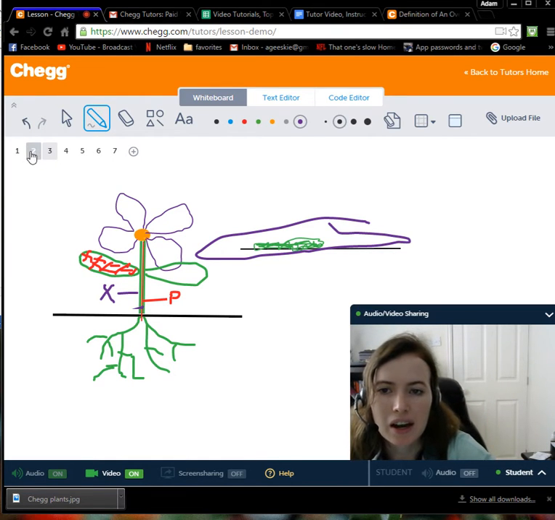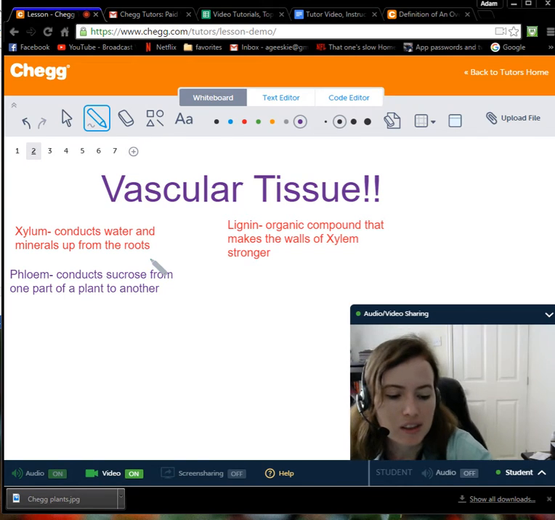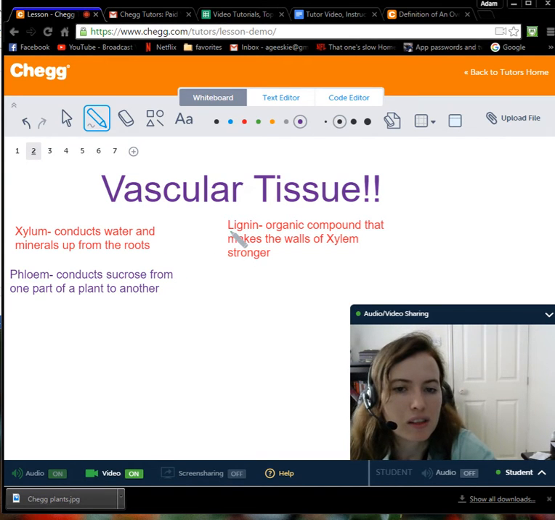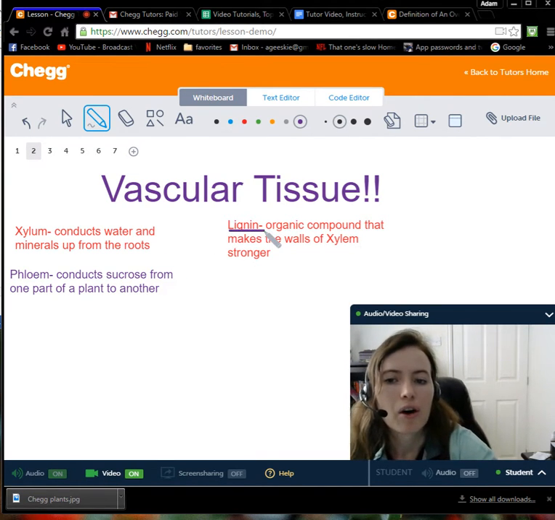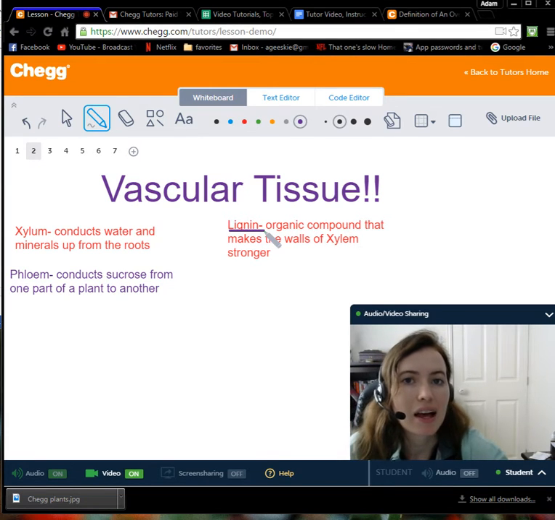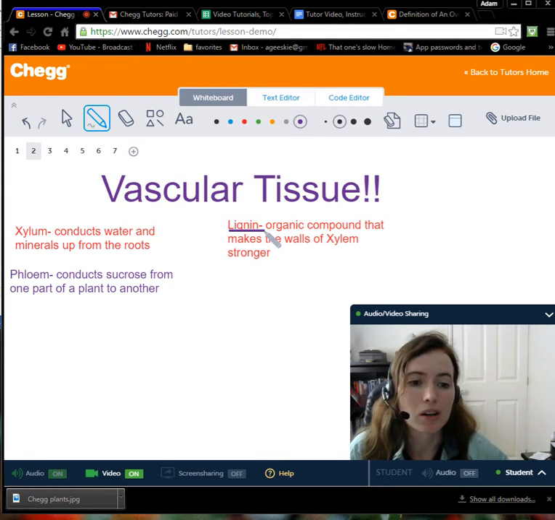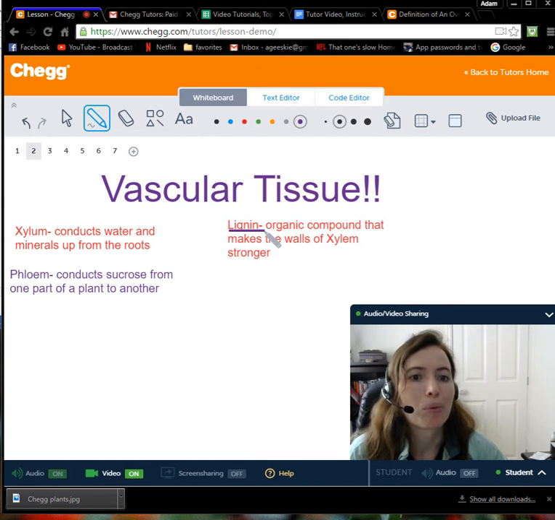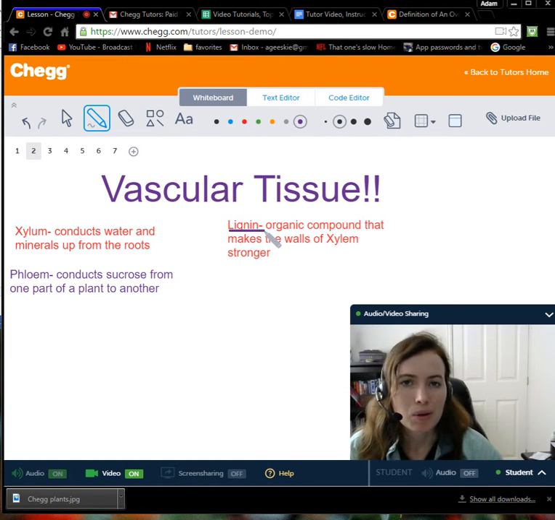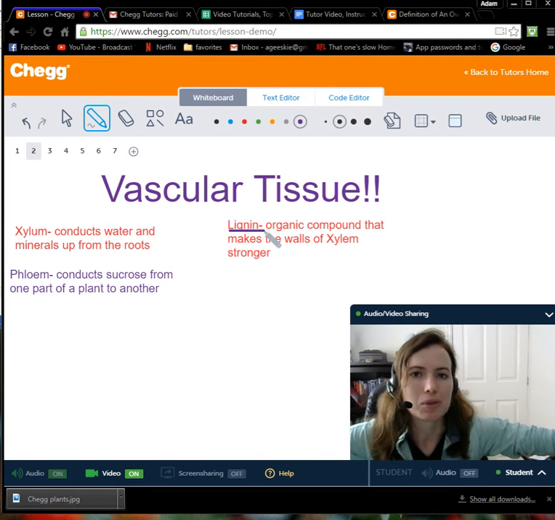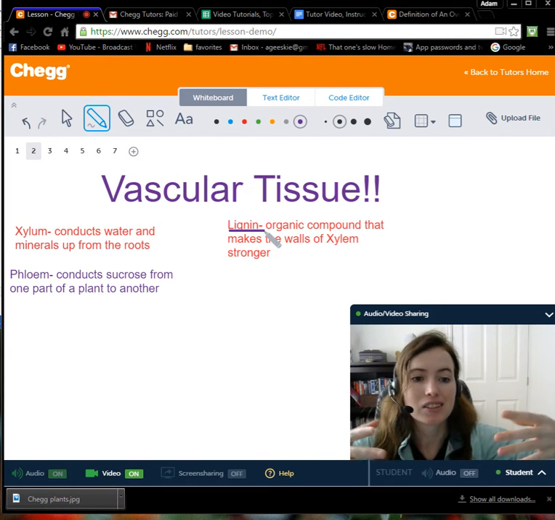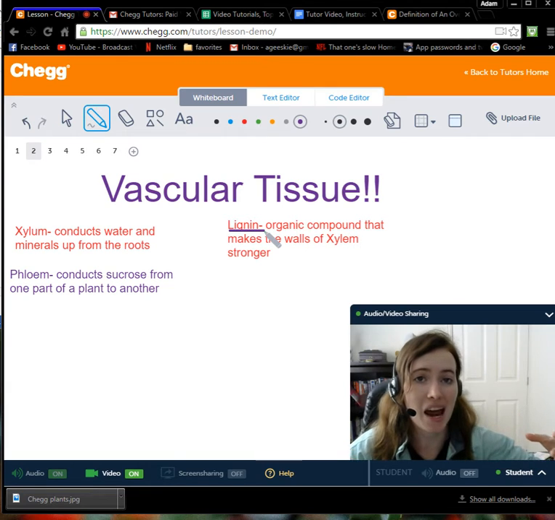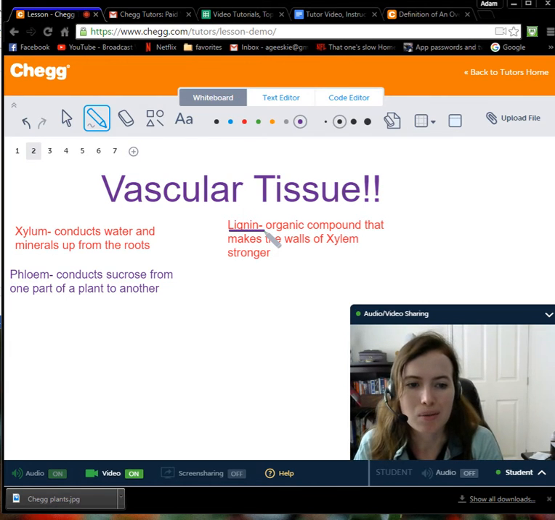Another word to know is lignin. Lignin is along the walls of the xylem, and that's what makes it so strong and so tough. If you see a big redwood tree, the ones you can barely wrap your arms around because their trunks are so massive, it has such strong lignin in it, making sure the xylem is super strong.